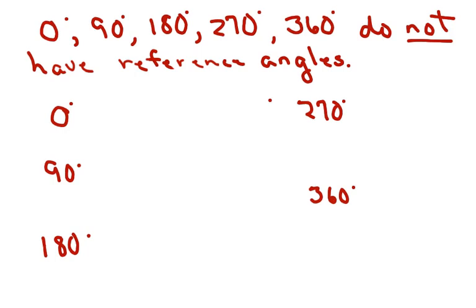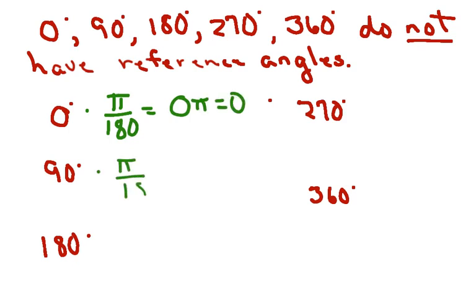Okay, the 90 degree angle types do not have a reference angle, but we're going to do the same thing. So when we multiply by pi over 180, this is clearly just 0. Or 0 times pi equals what? 0. Okay, now the 90. Then we're going to do the same thing. How many 90 degree angles are in 180? 2.